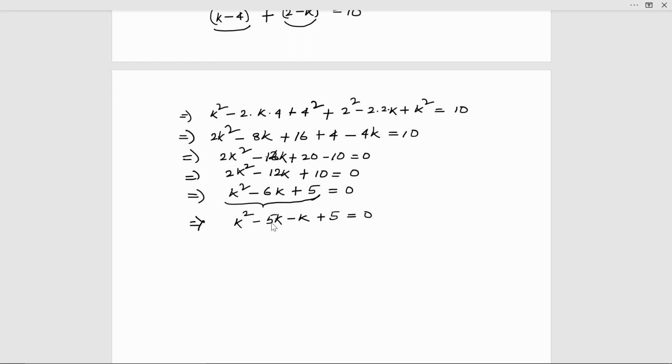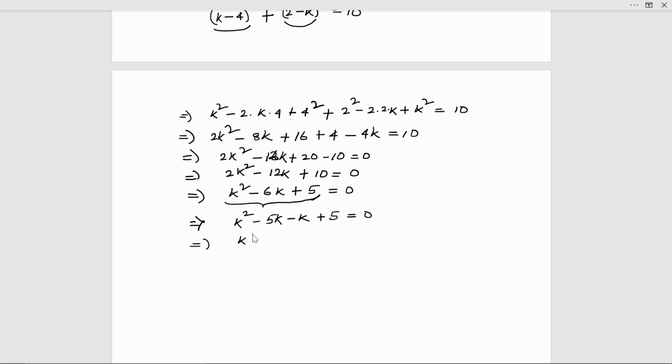So the factors of this are minus 5 and minus 1. Minus 5 into minus 1 is plus 5, and it also holds good for minus 5 and minus 1 as minus 6k.